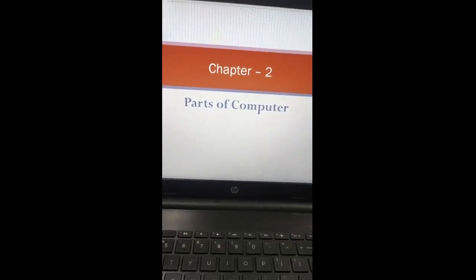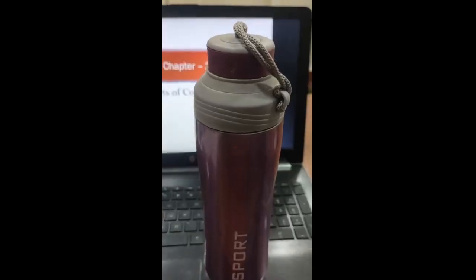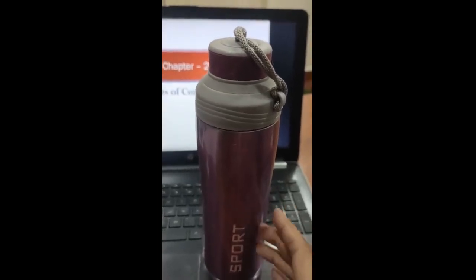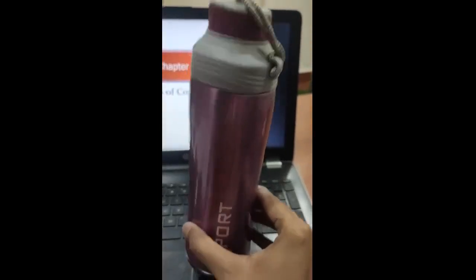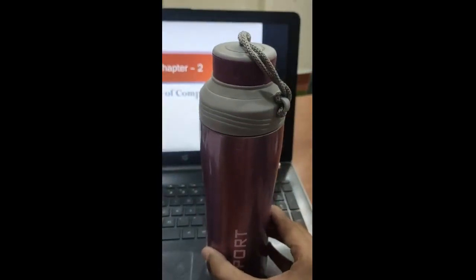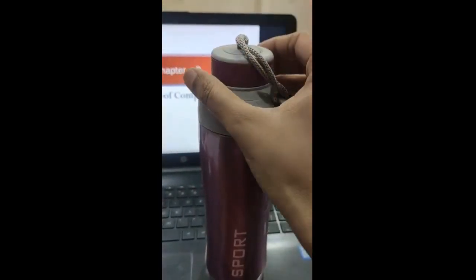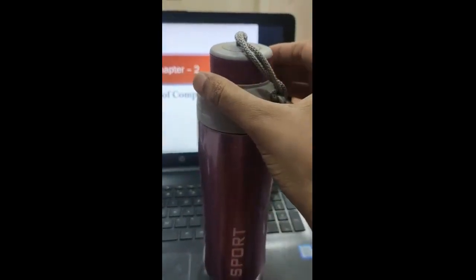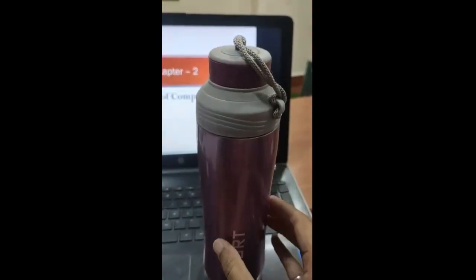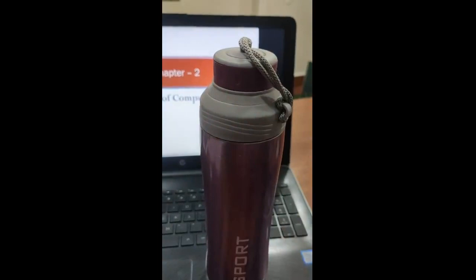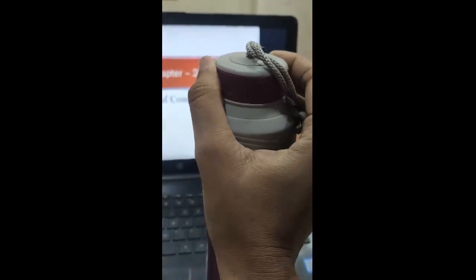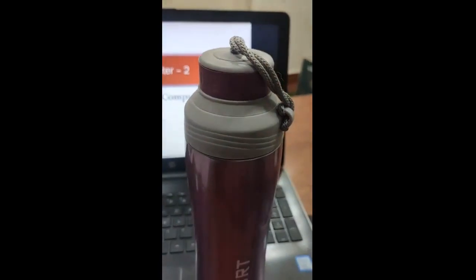For example, dear children, to make you understand what parts are, I just took this bottle. Can you see this bottle? Yes. So this bottle has a lower body and an upper body. How can we differentiate with that? So I am just showing you that this is a cap of the bottle. We can just open it.